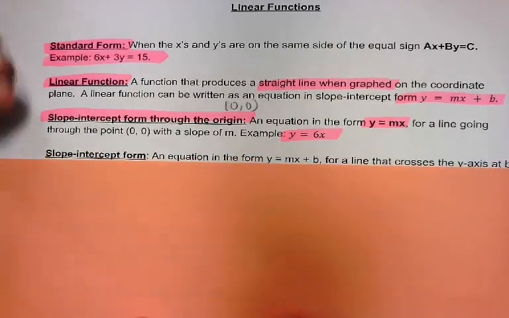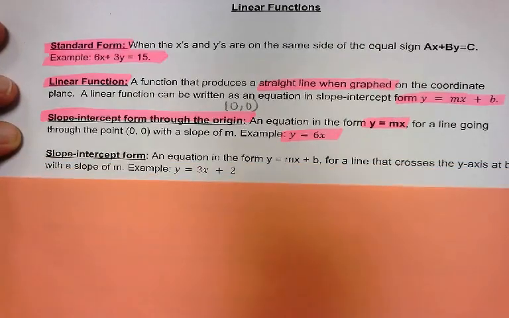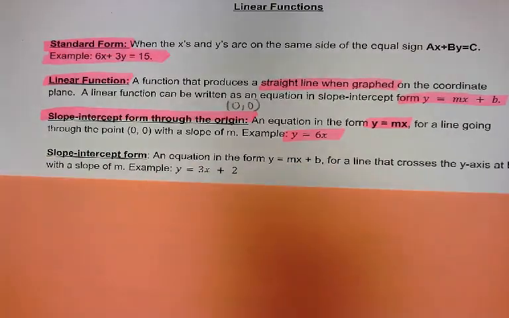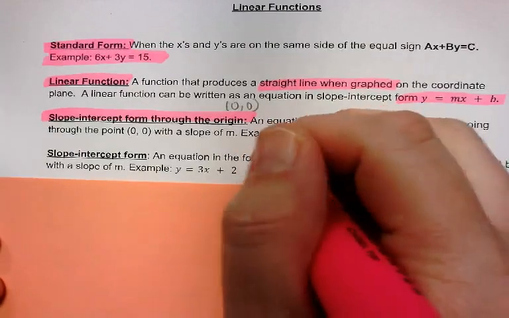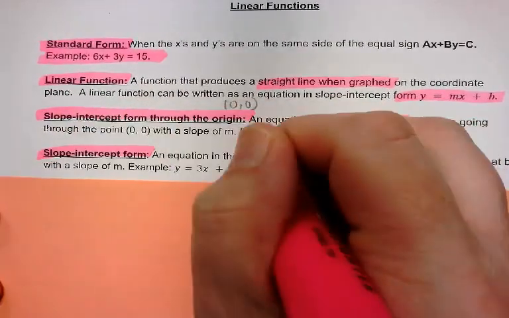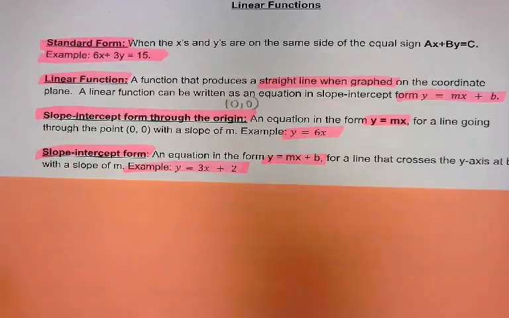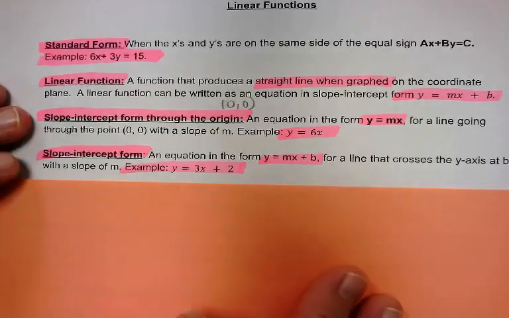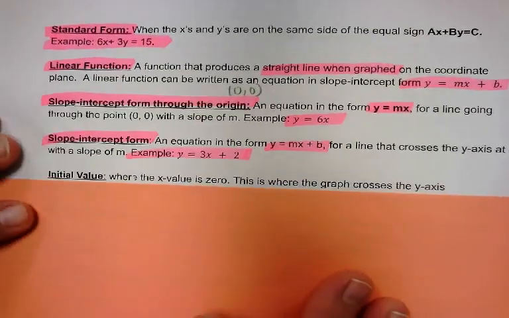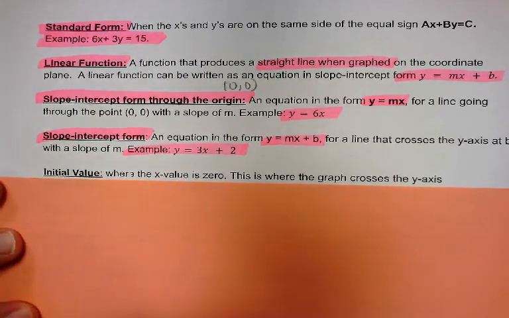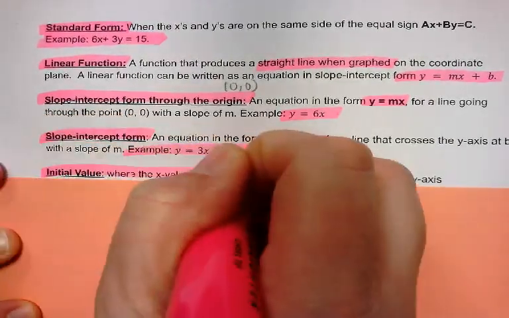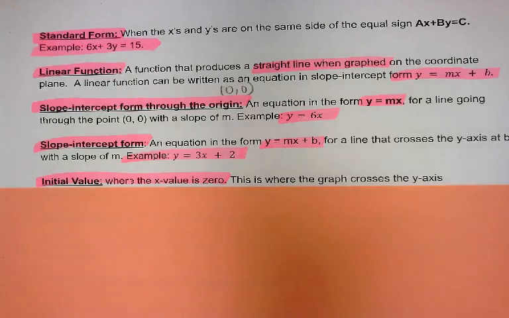Next thing, again, is slope-intercept form, which is an equation of y equals mx plus b. Our example is y equals 3x plus 2. Initial value is where the x value is 0.